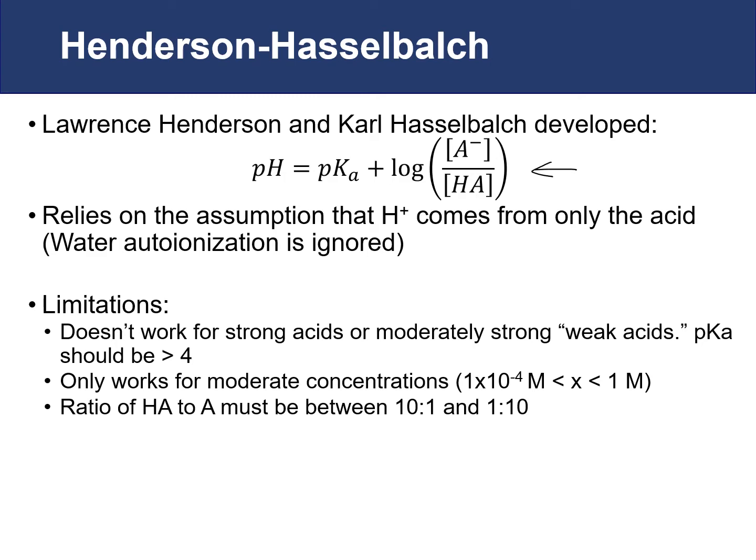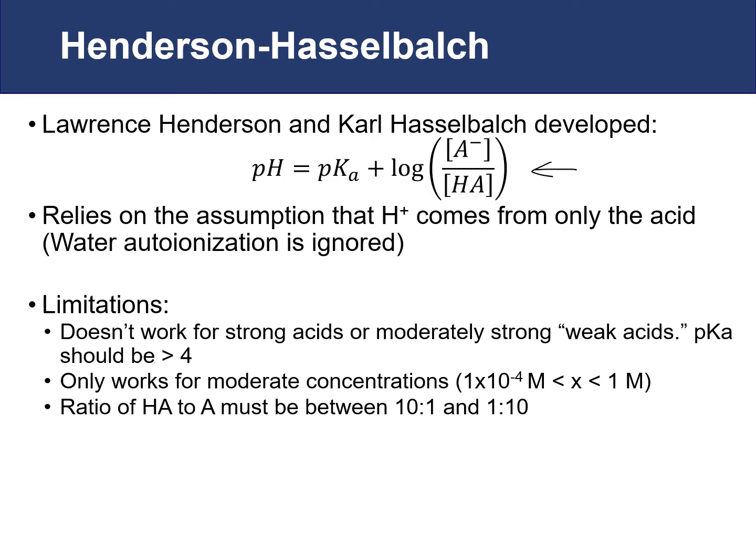When we're using it in buffer solutions and most titrations, it relies on the assumption that the H plus only comes from the acid. Because we used the Ka for the acid in our derivation, we were ignoring any autoionization of water. So if we're working with really, really dilute solutions, it could be a problem.